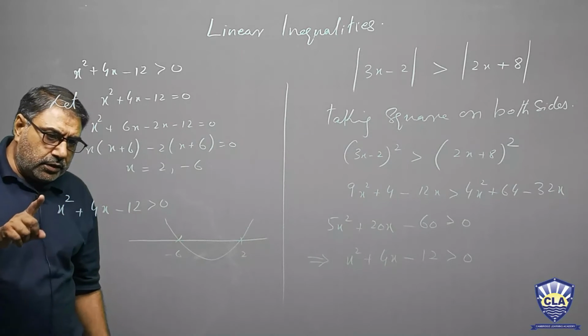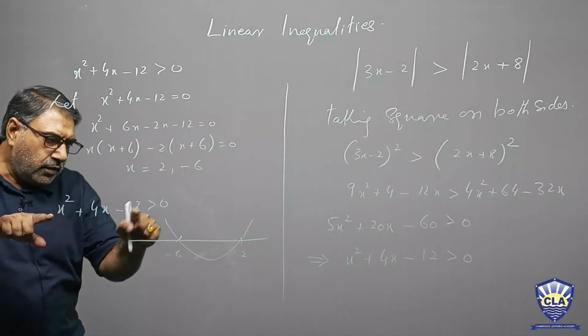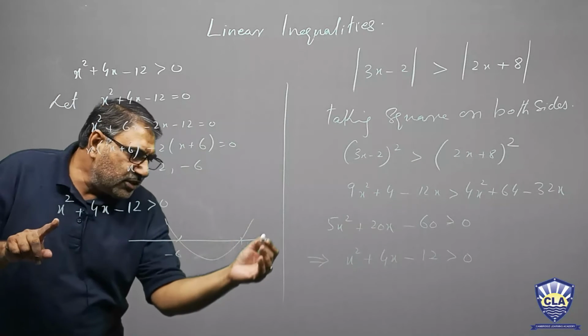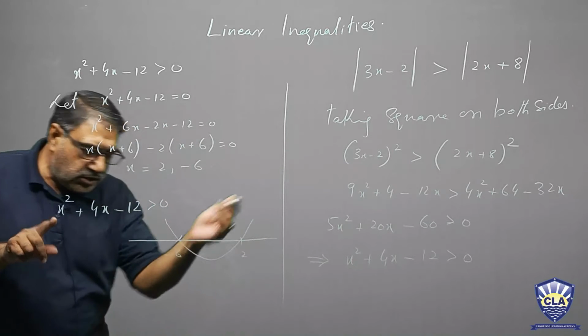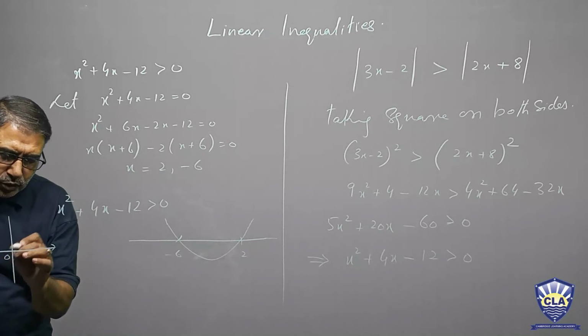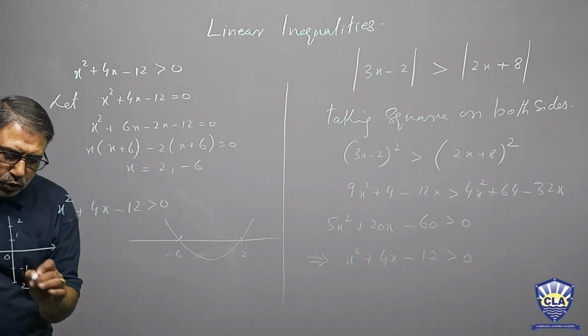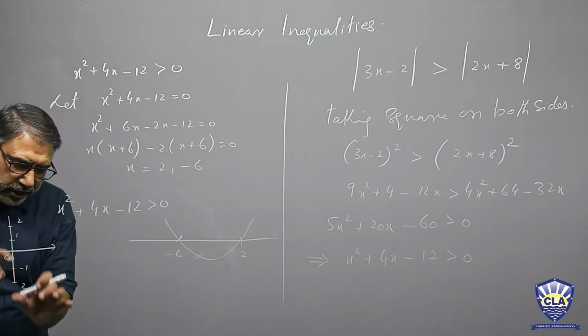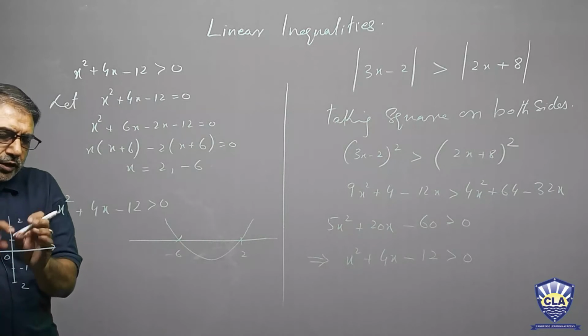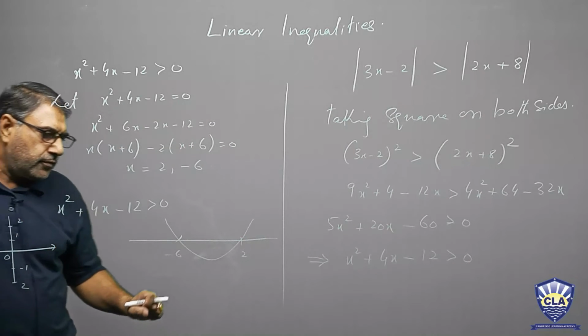Then look at the whole curve greater than 0. The whole curve is positive, which means it is above the x-axis. As you know, on the x-axis and y-axis we have 0, 1, 2, −1, −2. Below the x-axis we have negative values of the curve and above the x-axis we have the positive curve.